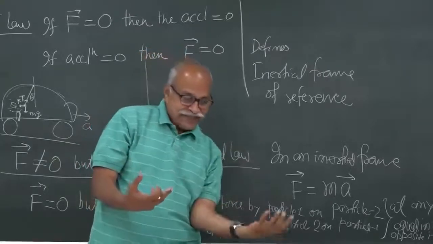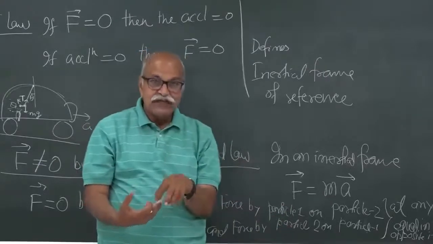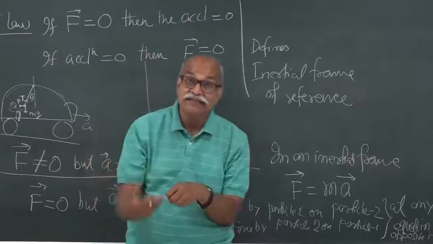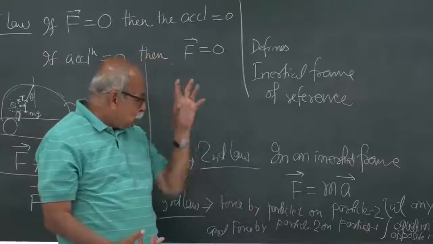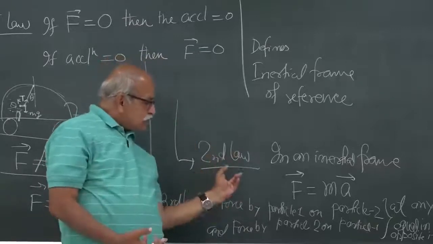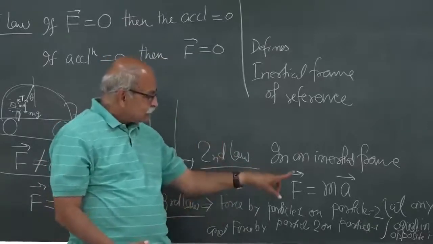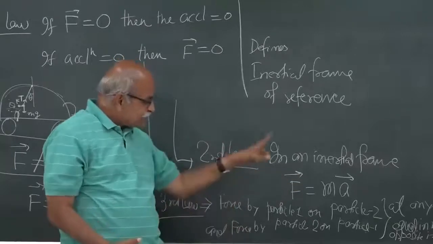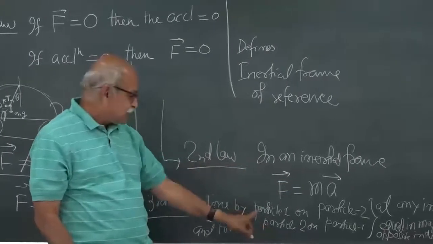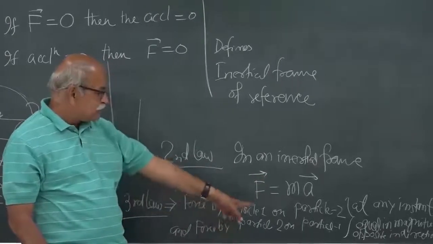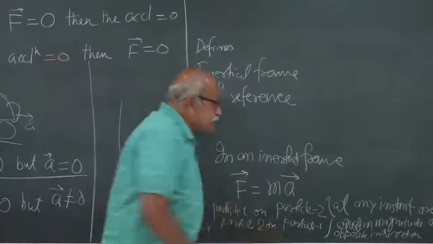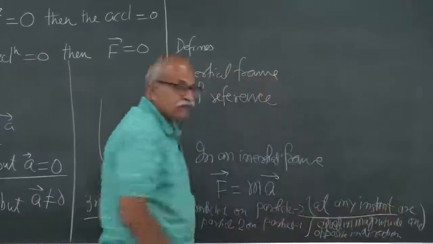So, which object is exerting the force and on which object it is being exerted. That is very, very important. So, if you have two objects, one is exerting force on the other and the other is also exerting force on the first one. So, that is it, force by particle 1 on particle 2 and force by particle 2 on particle 1 at any instant. This is also very, very important.